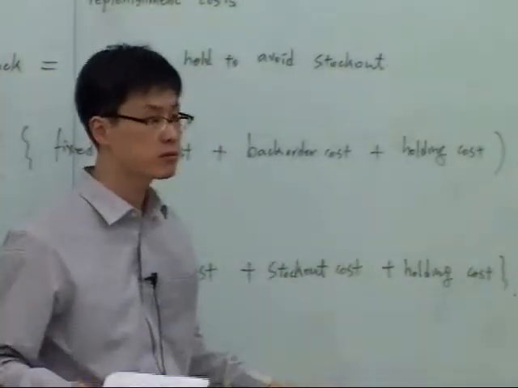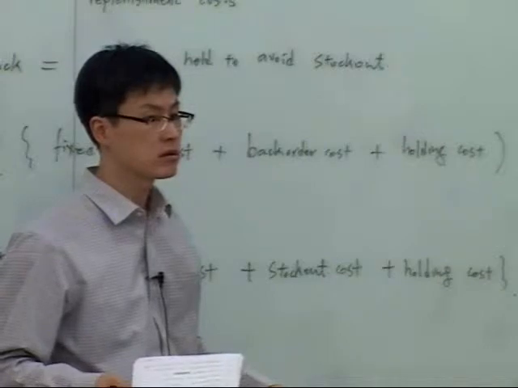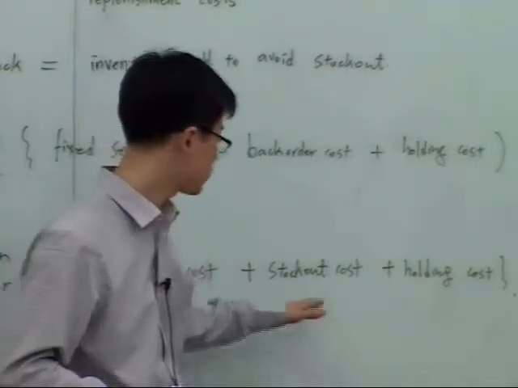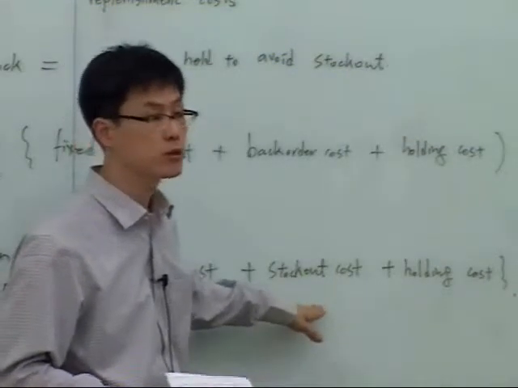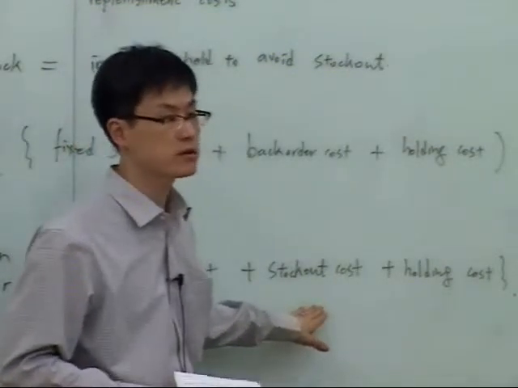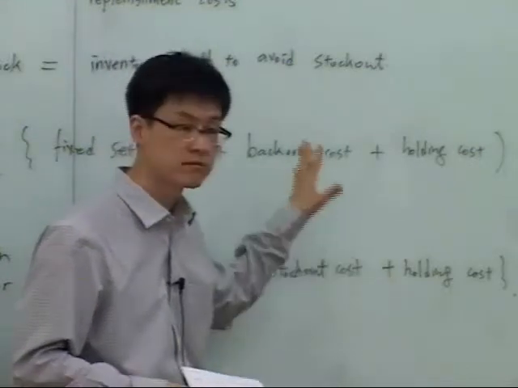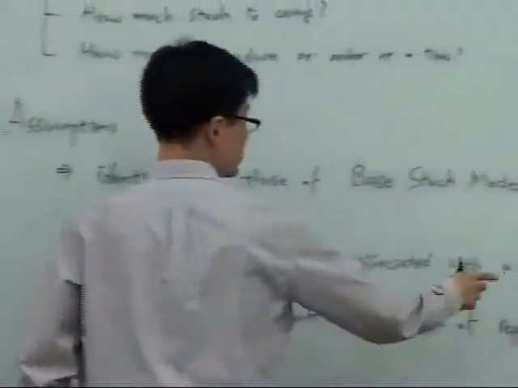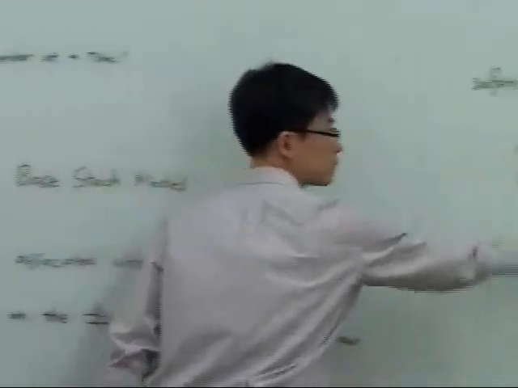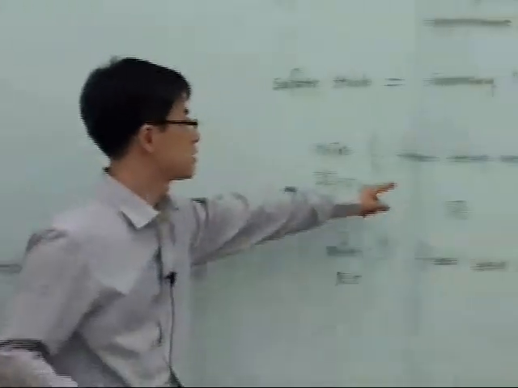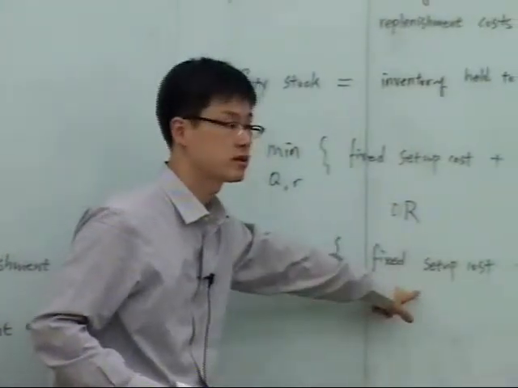But there are some products that you cannot backorder. It could be a lost sale cost, such as in the newsvendor model. Fixed cost you can easily apply here, right?